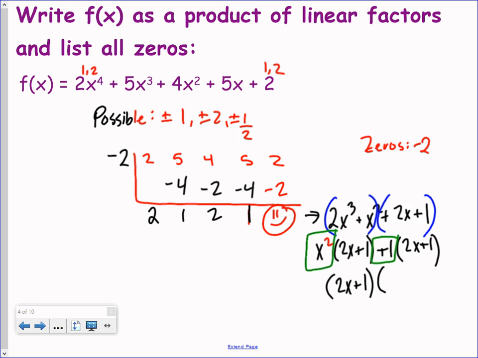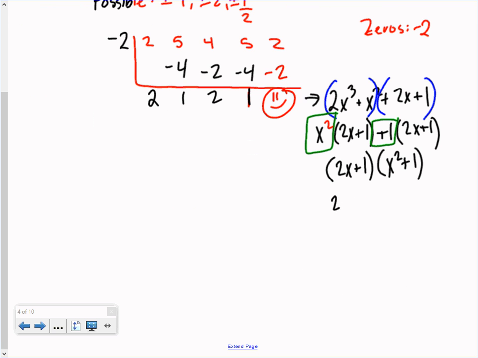It's like you're undistributing or factoring out the 2x plus 1 from both of the terms. And so if you use Mason's method, which is to factor, then at the end you can set your factors equal to 0, correct? So this is a surefire way to find my other solutions. I would set 2x plus 1 equal to 0 and set x squared plus 1 equal to 0.